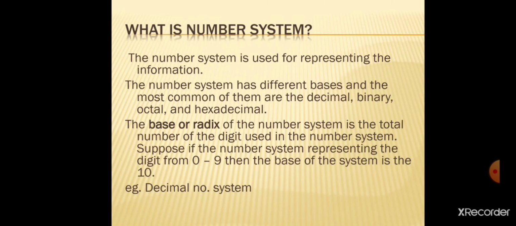The base or radix of the number system is the total number of digits used in the number system. Suppose the number system represents the digits from 0 to 9, then the base of the system is 10. For example, the decimal number system. So this is the basic concept of number system.